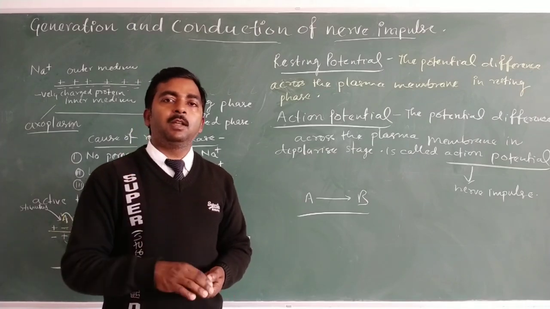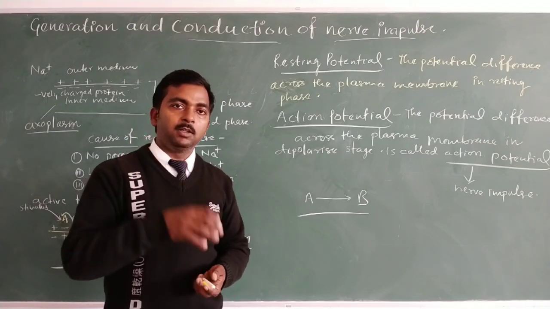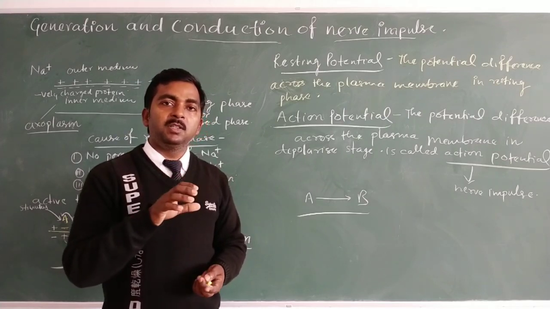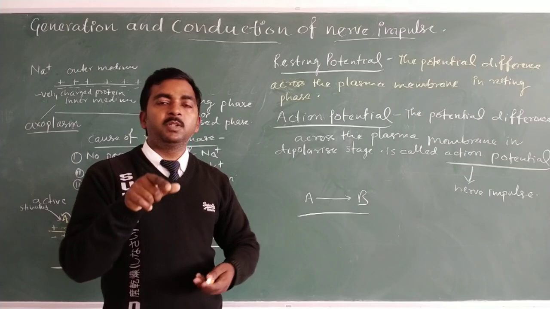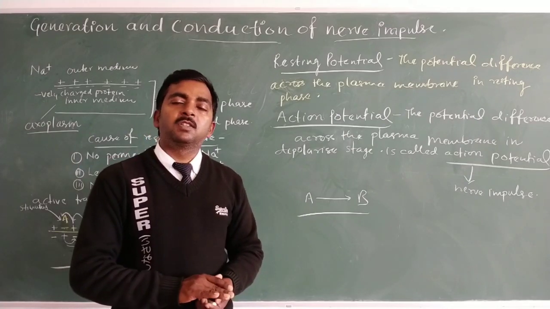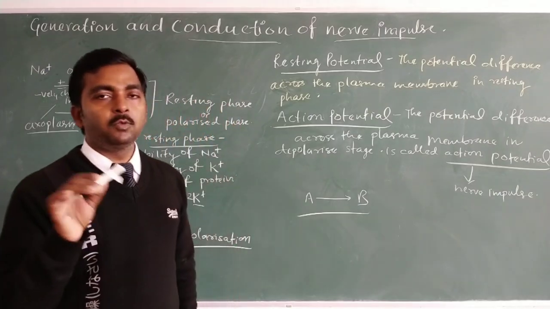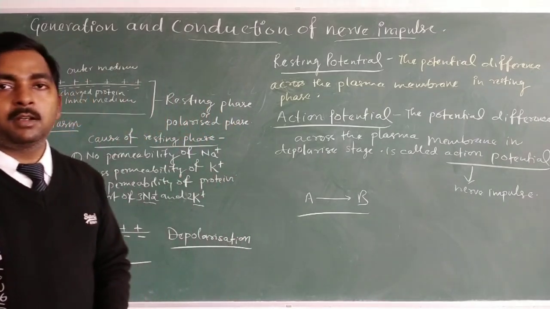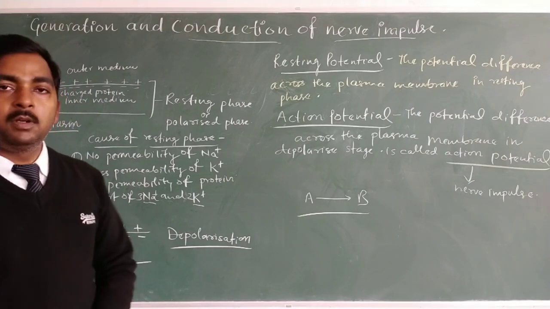From the synaptic cleft, the receptor receives the impulse in the form of neurotransmitter and sends it to the next neuron, which lies adjacent to the previous neuron. So this is all about the generation and conduction of nerve impulses.